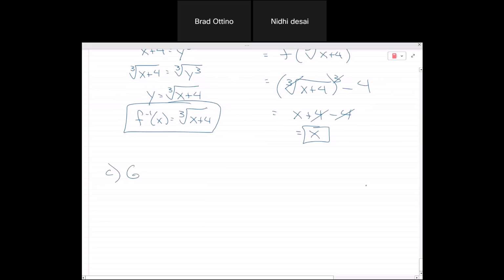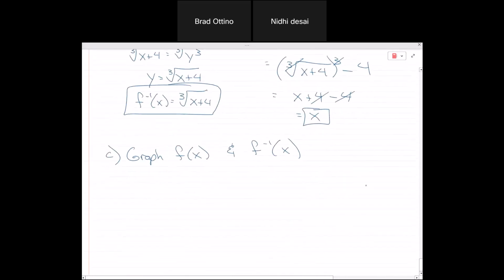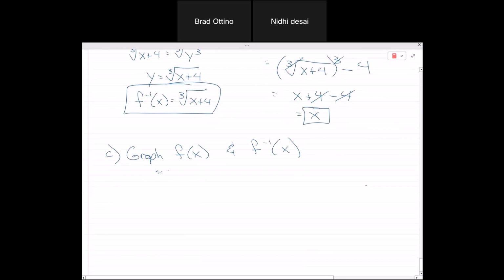So we're going to graph f of x and the inverse. Now the original function was x to the third minus 4. And the inverse was the cubed root of x plus 4.